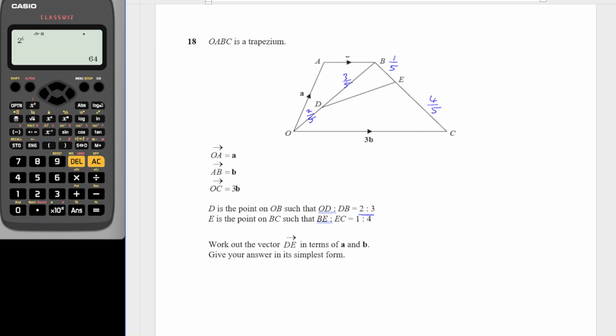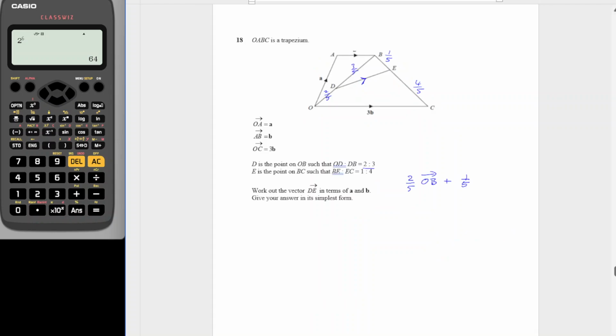Right, so I need the easiest route to get D to E. So I'm going to suggest that it is going to be 2/5 of O to B plus 1/5 of B to C.